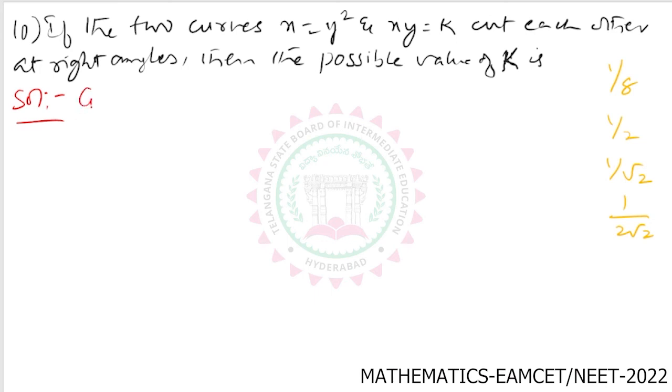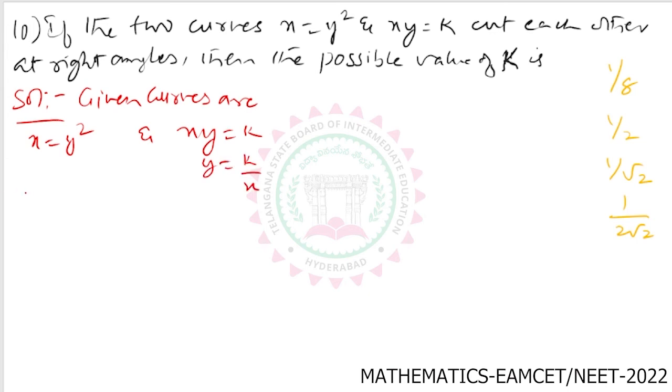Given curves are x is equal to y square and xy is equal to k, they are very simple equations. So I am differentiating both equations with respect to x. So this is nothing but 1 is equal to 2y into dy by dx, or dy by dx is nothing but 1 by 2y.